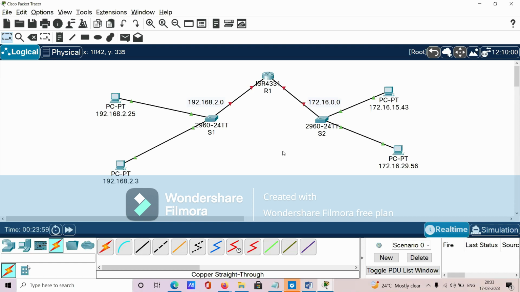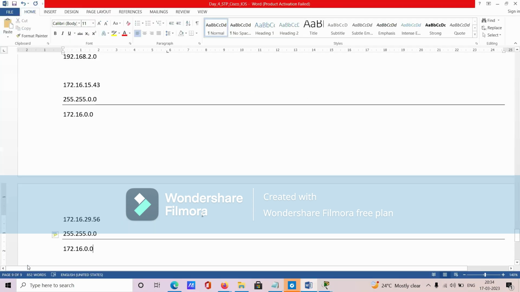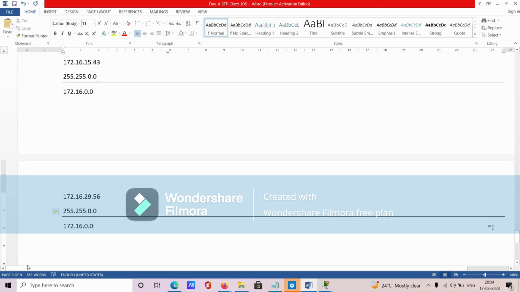ठीक है, अब राउटर के बारे में सब कुछ हमें जानना है। From now onwards, we'll be starting and explaining each and every part of a router. But as we have discussed, switch has many features.